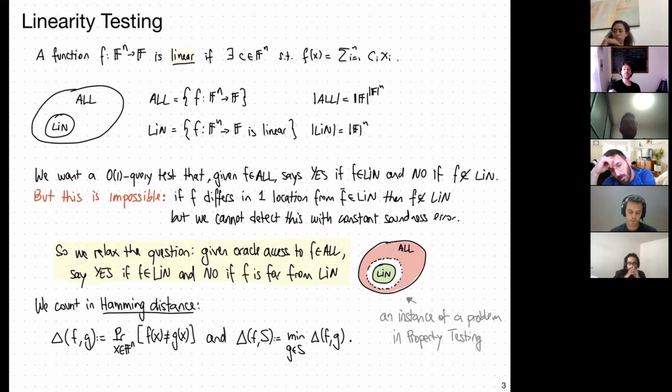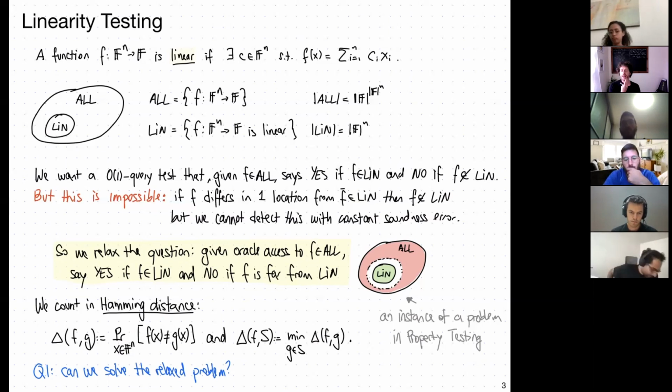And if I'm far from it, it means that I need to change a certain fraction of the truth table in order to make the function become linear. Okay, nice and well. And we'll now try to solve the relaxed problem. We know that we can't solve the exact problem, but the idea would be, can we solve the relaxed problem? So is the statement of the problem clear? Does it make sense?